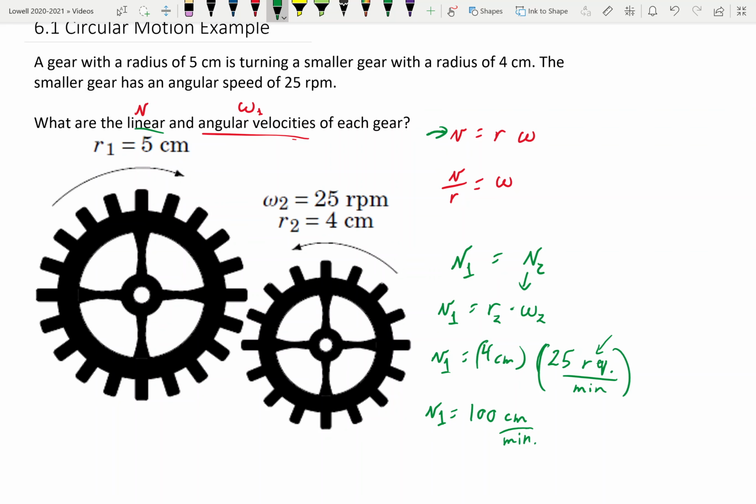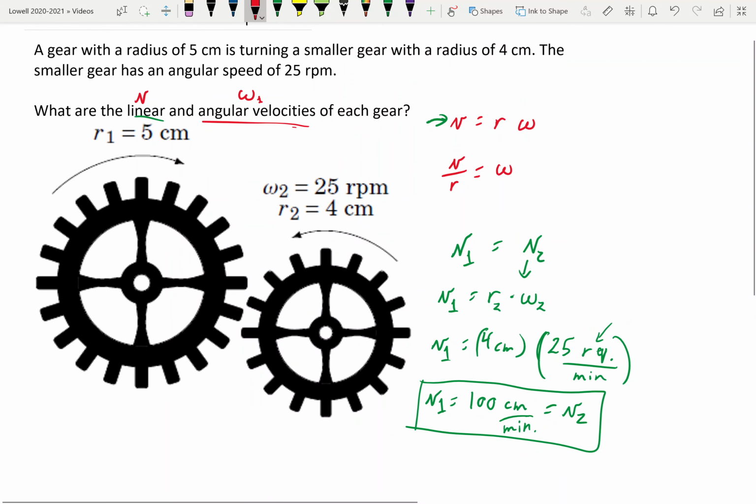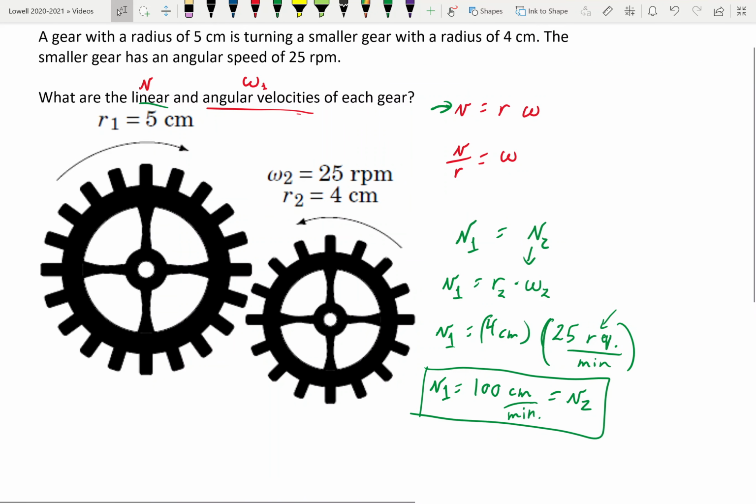Now notice that this is the linear velocity of the first one, but that's also the linear velocity of the second one right here. And what's nice is that now that I know the linear velocity of that first gear, I can use that to find the angular velocity right here in that red box.